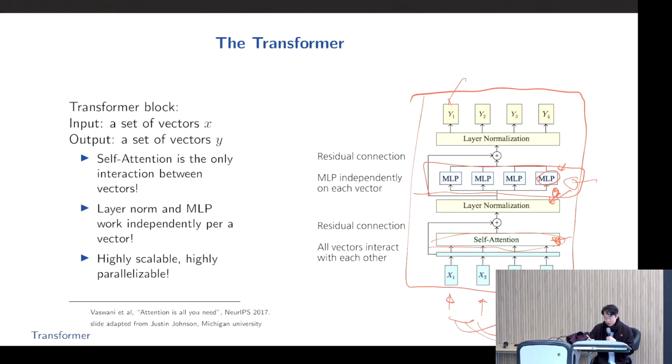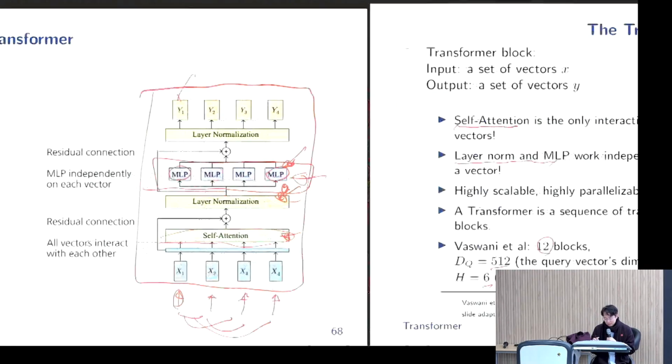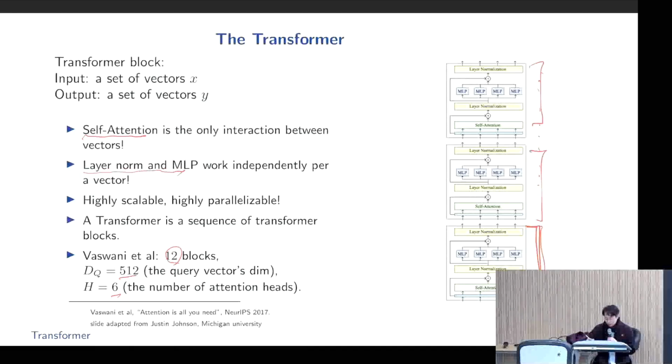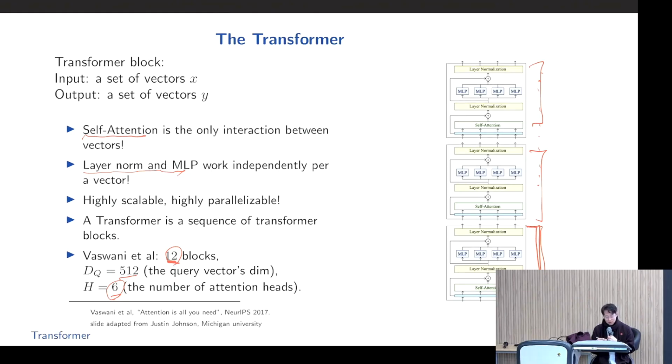Otherwise, layer normalization is independent of the data index, which is the token index. So is the MLP. This MLP is applied on individual token representations independently. Thus, layer norm and MLP are completely parallelizable during inference and training. So if you stack these transformer blocks on top of each other, that's the transformer architecture. The original paper uses 12 blocks of transformers and 6 attention heads, and we're going to build this from the bottom up, starting from the tokenizer today.